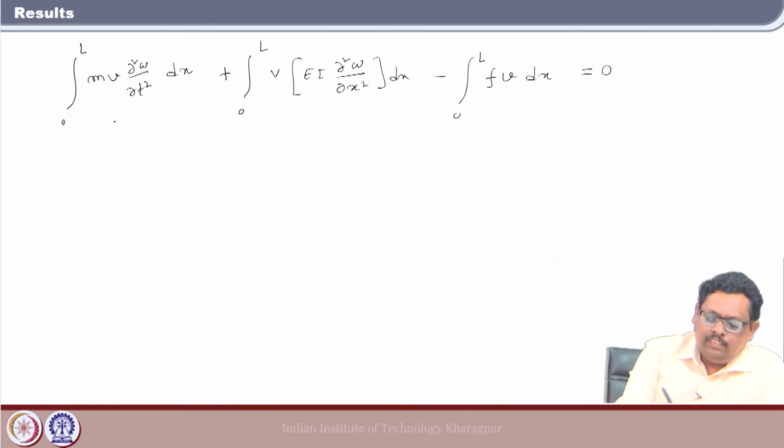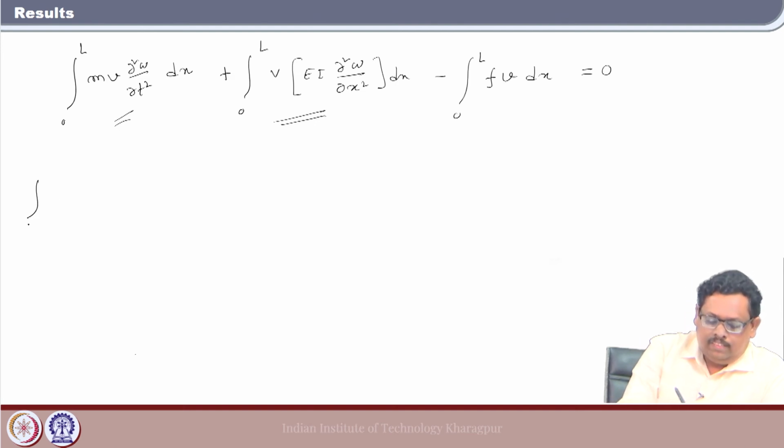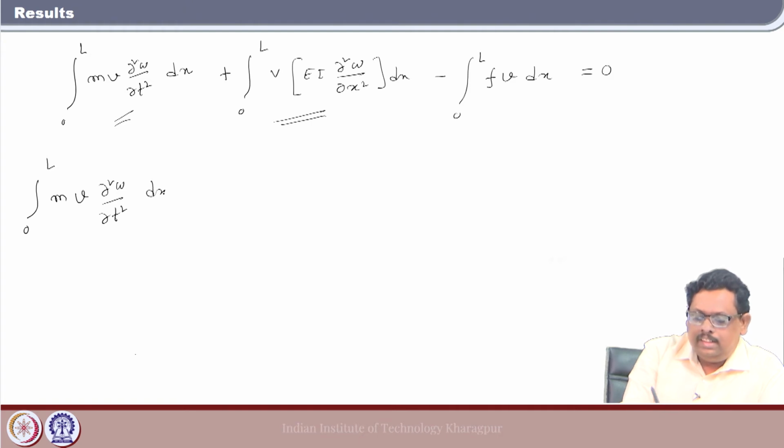I am not doing anything with this last term. I am just trying to solve this by integration by parts, so I write the first as it is: integral 0 to L of m into V into del square W by del t square into dx.